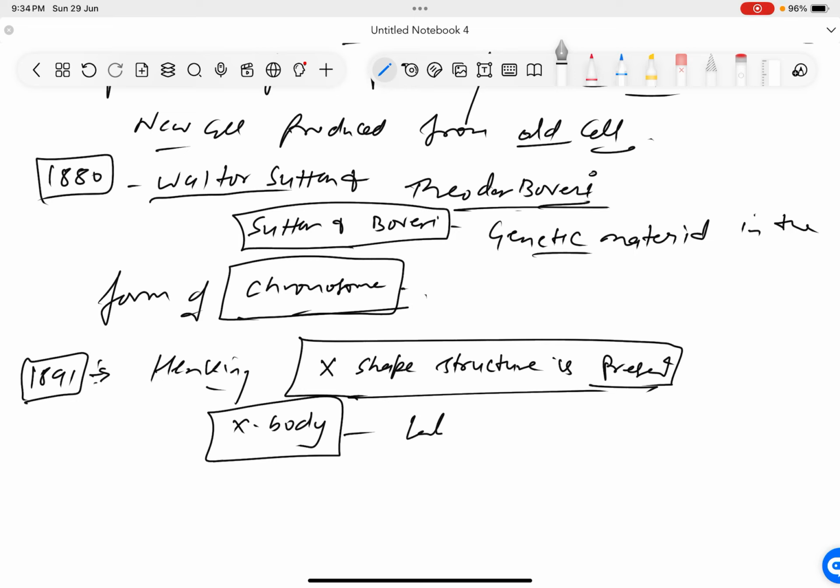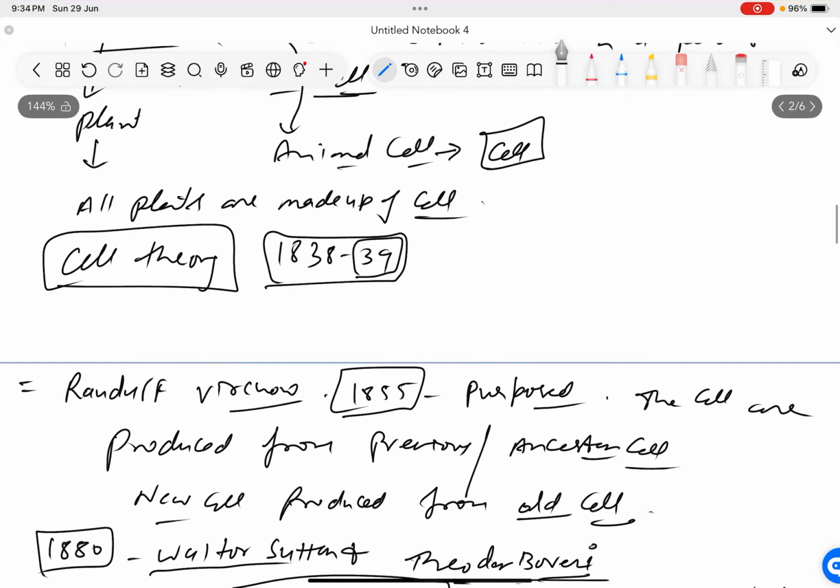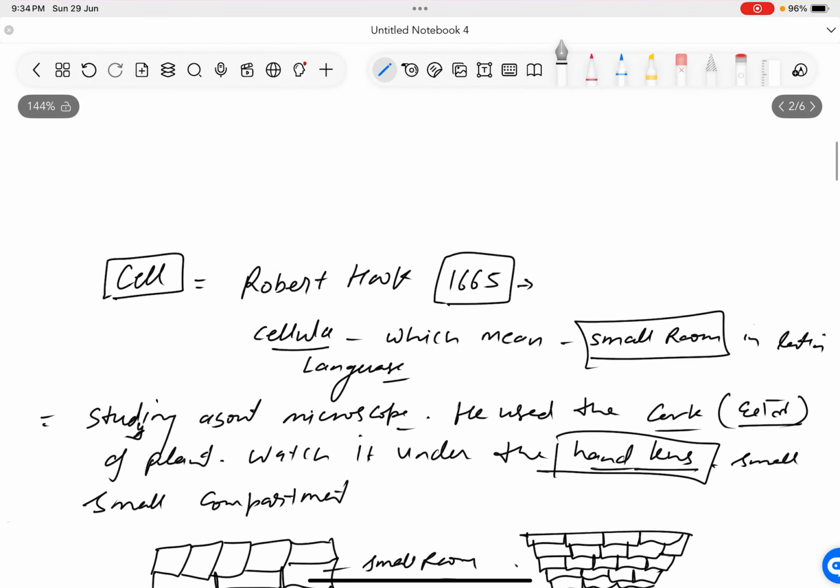Later on, this X body was named chromosome. So this is some information about the discovery of the cell.